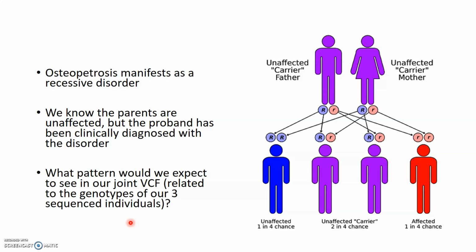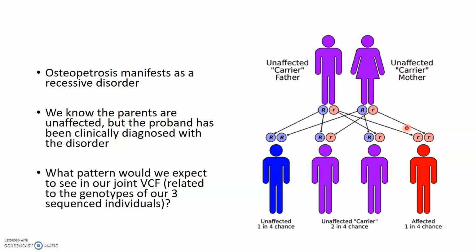And so remember, or if you don't remember, with recessive type disorders, you need 2 copies of the disease gene to express that particular phenotype. In the case of recessive disorders, that would mean that if the mother and father are unaffected or do not have the particular disorder that we're interested in, they must be carriers, right? Because they have a 50% chance of passing on that disease variant to the proband or the child.